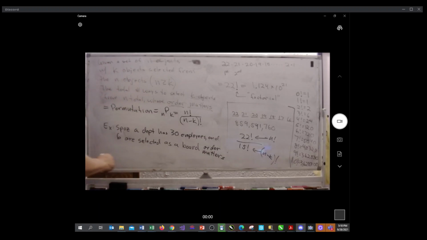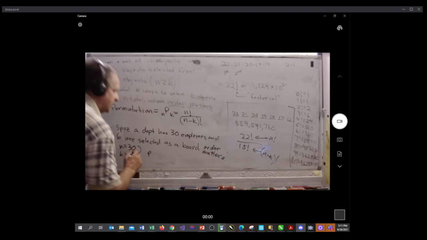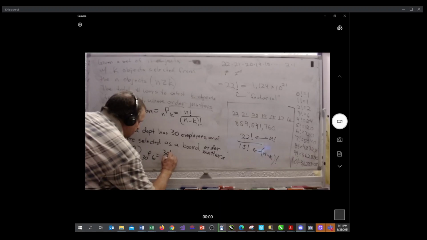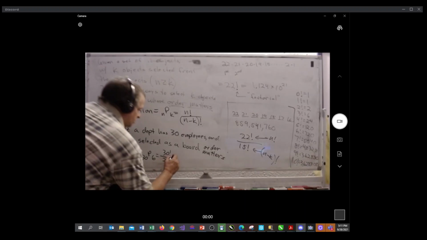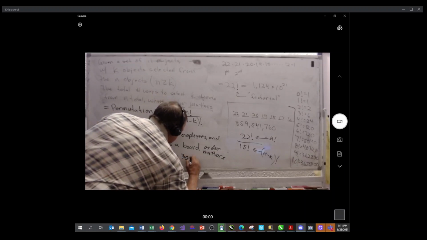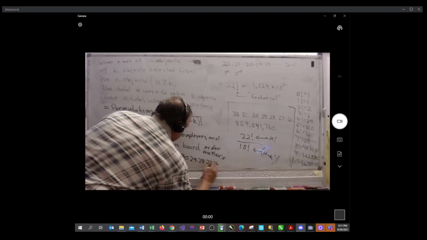Okay? So, how many ways are there to do this? Well, it's clearly n equals 30, k equals 6. Yes, no? Talk to me. So this goes to the permutation of n, which is 30, k equals 6. So it's 30 factorial divided by 24 factorial, which is going to go back to our original multiplicative rule, 30 times 29 times 28 times 27 times 26 times 25.